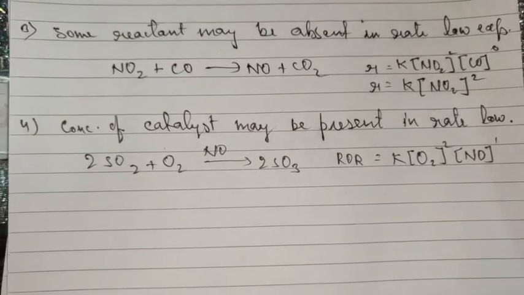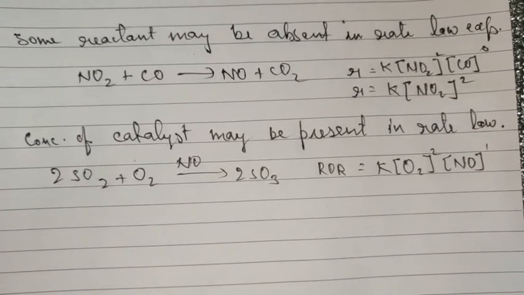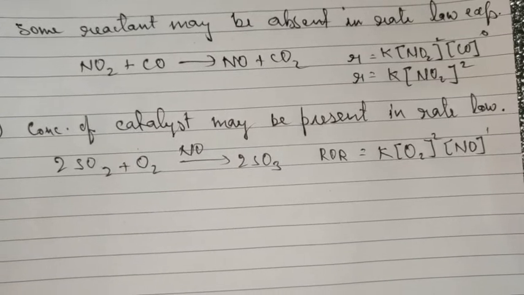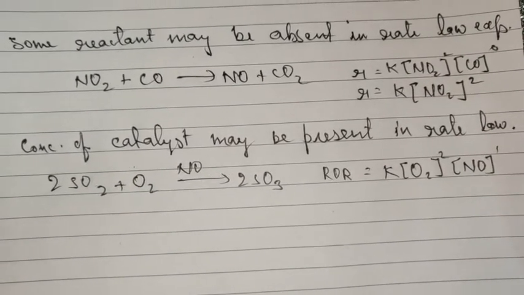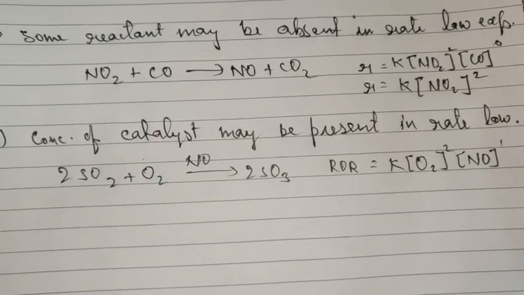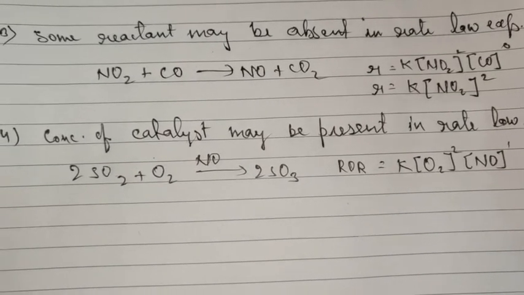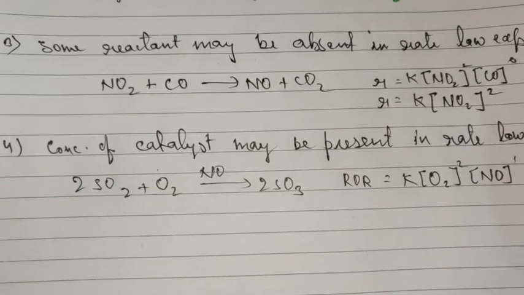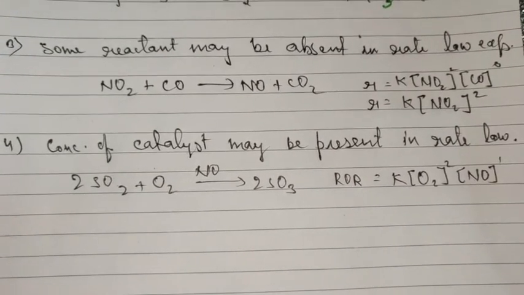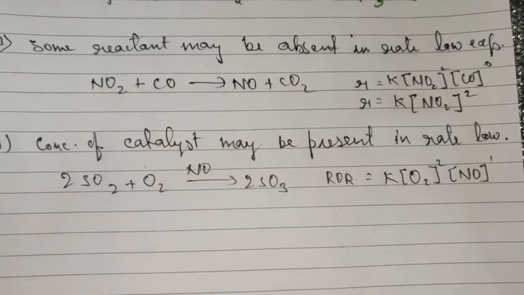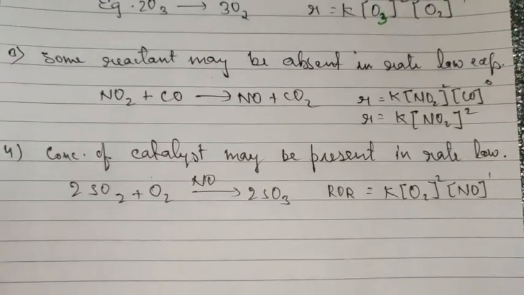So moving on to the last point, concentration of catalyst may be present in the rate law expression. In some cases, children, you will also observe that the rate of reaction depends upon the concentration of the catalyst. As you know, catalyst is one of the factors on which the rate of reaction depends. Recall the previous video, children, where I discussed the factors affecting the rate of reaction, and then I discussed the catalyst with you.